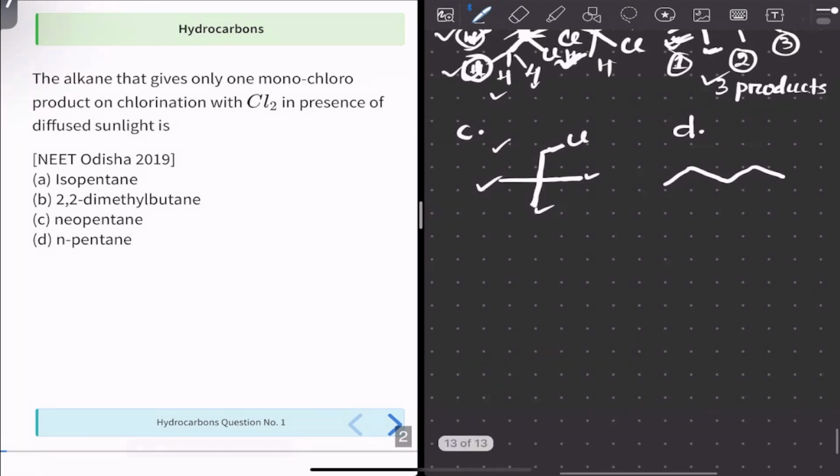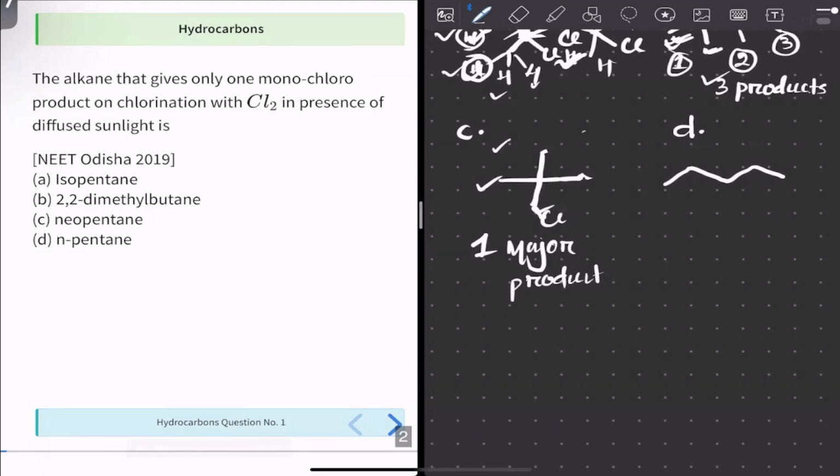The name for the molecule will be same as if chlorine attaches here or here. Okay. For all the four positions, there will be the same name or same structure. So there is only one unique position here. So there will be one product, only one.